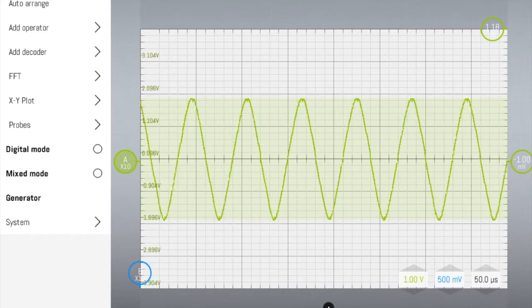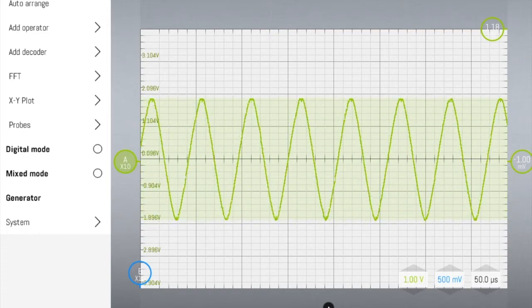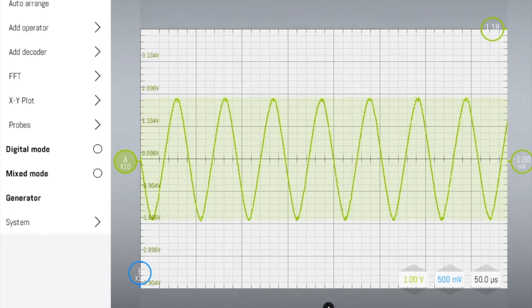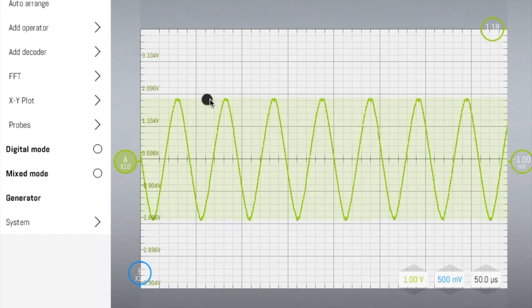So I'm going to go up and double the frequency. It's about right here, so this is about double. And you'll notice the distance, this is the wavelength. From here to here is one wavelength. And that's at a frequency of about 1200 hertz, or 1200 cycles per second.